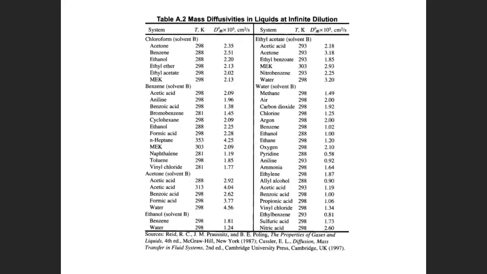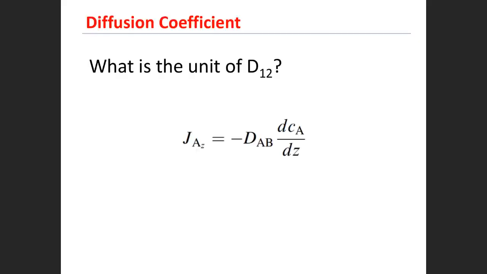I have to go to the beginning. Let's remind ourselves, this is the equation, which is basically the flux, which we said is Fick's law. If you want the flux, we said the unit is mole per time per area.